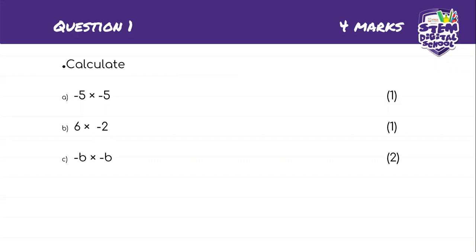We have the first one, A, where we had to multiply -5 by -5. Yes, this is the one.